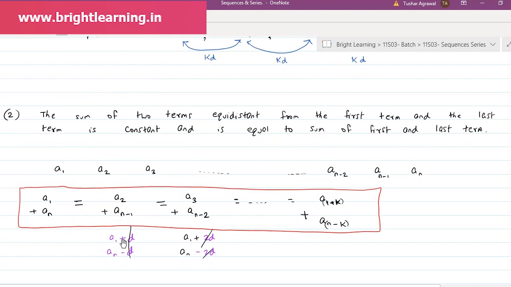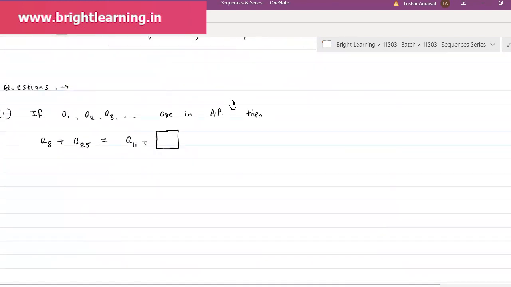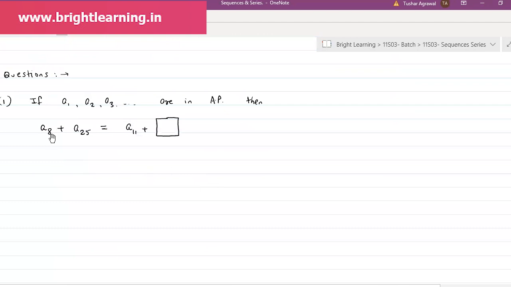So that way the addition is preserved. That concept we will be using to solve this question. So here A8 plus A25, 8th term and 25th term, whatever the addition is, I'm not interested in calculating the actual value of the 8th term and 25th term, their addition. Now when I'm comparing it with this 11th term, this 11 is near to this 8.